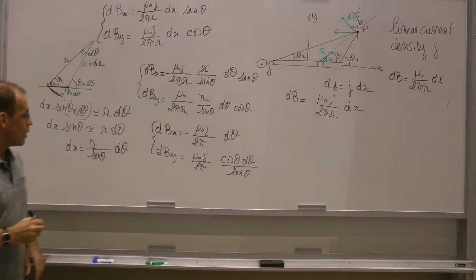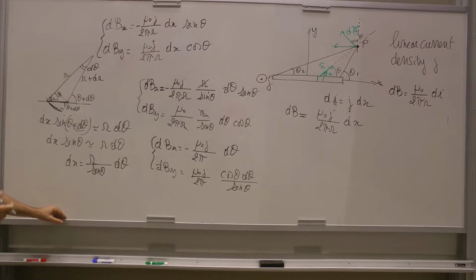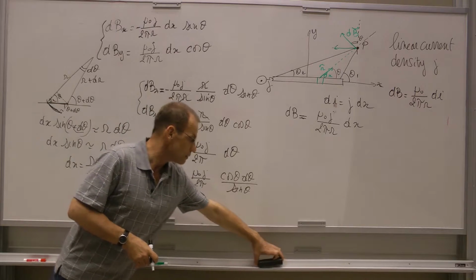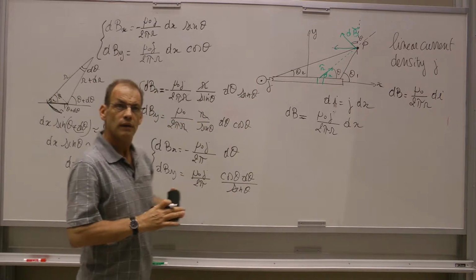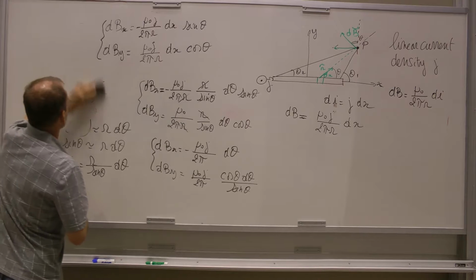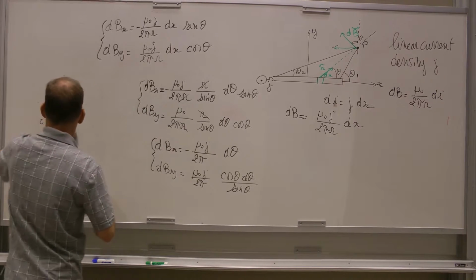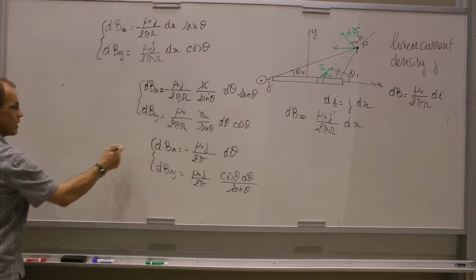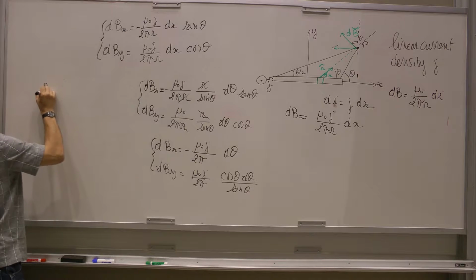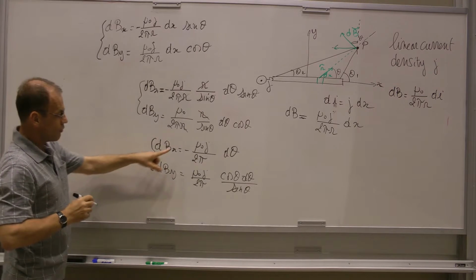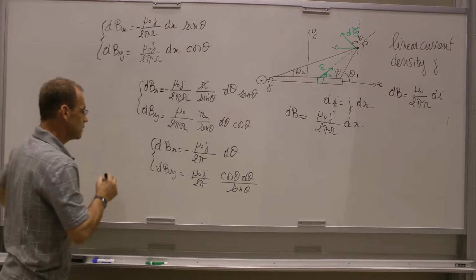And now it's just a matter of integrating this over the angle varying between theta 2 and theta 1. So we can do that very readily. So the first equation, Bx, becomes the integral of mu 0 j over 2 pi d theta.